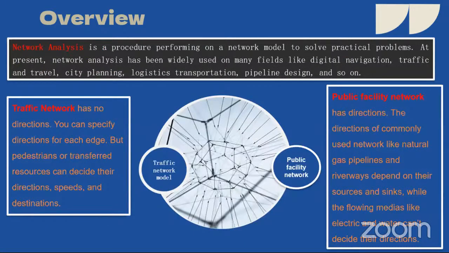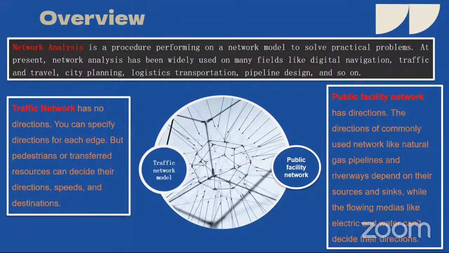So network analysis is actually a procedure performed on a network model to solve practical problems, and it has been widely used in many fields such as digital navigation, traffic and travel, pipeline design, and so on.